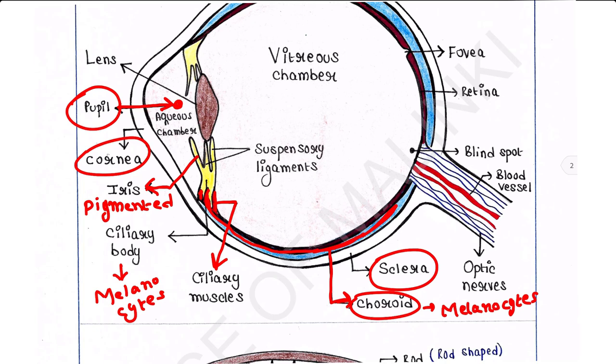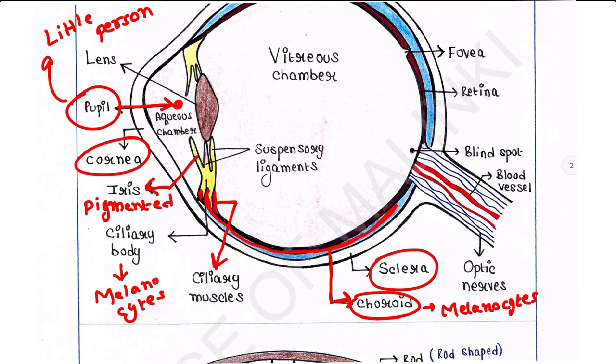Now, do you know what pupil means? Pupil basically means little person. Because this is where you can see a reflection of yourself when you are looking into someone's eyes.